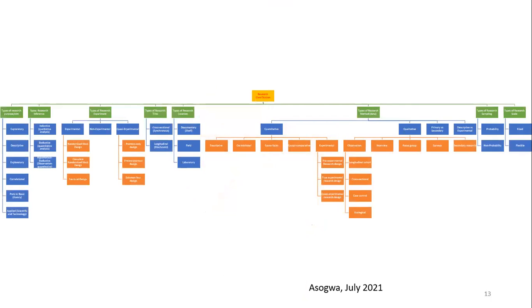With that, we take you to the last, where we have the schema trying to capture all we have described. Here we have the research classification.